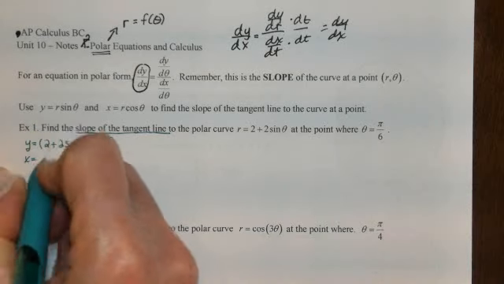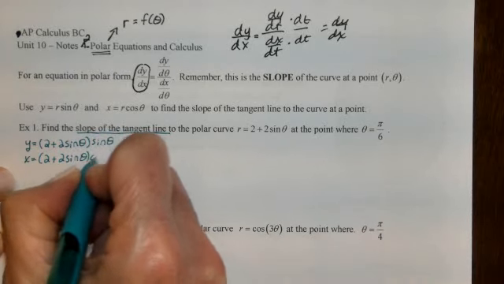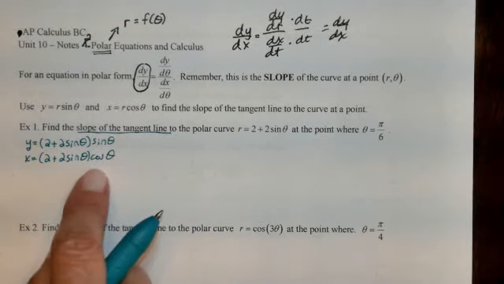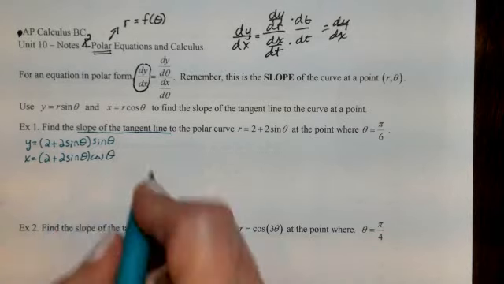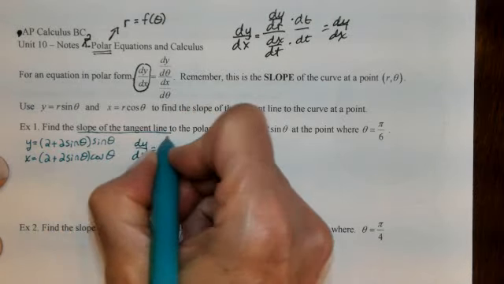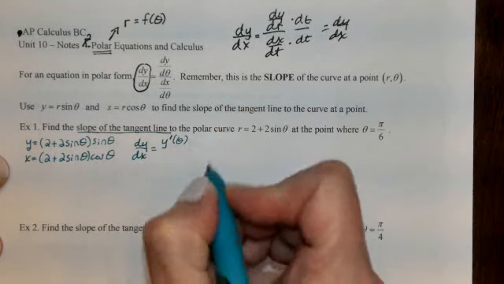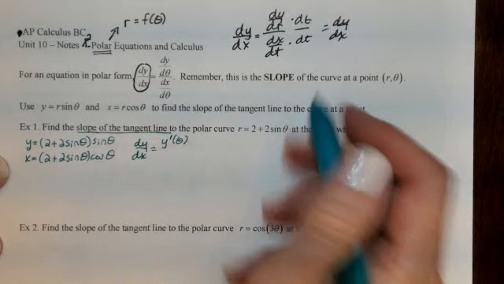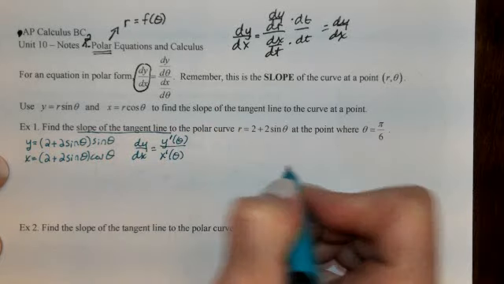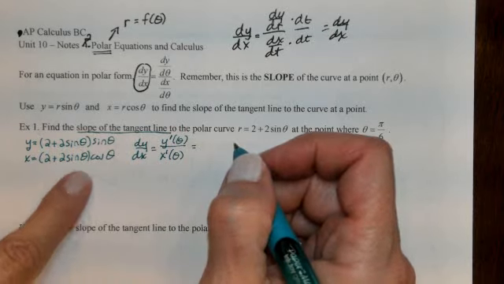X will be r cosine theta. Another thing that's not too hard to take the derivative of, right? So we're going to come off to the side. Dy dx will be y prime of theta, or you can write that as dy d theta, divided by x prime of theta. It's not hard. So there's our y, there's our x.